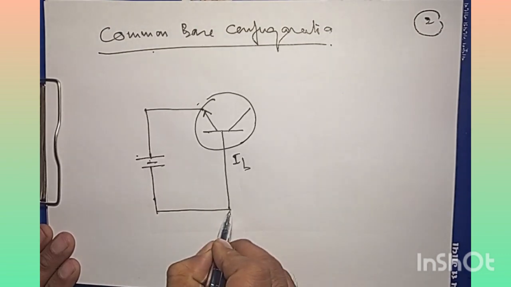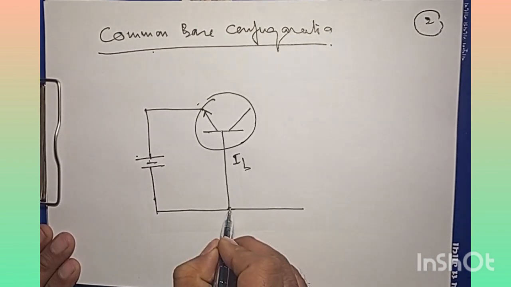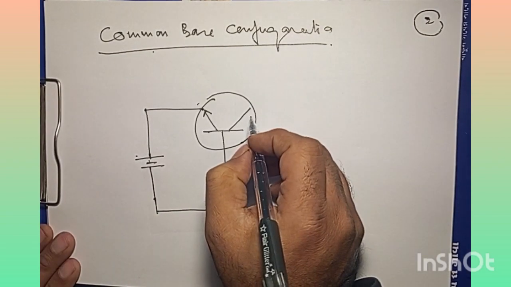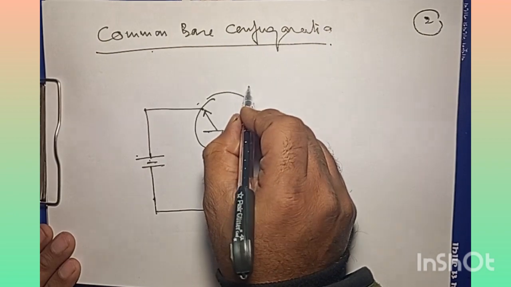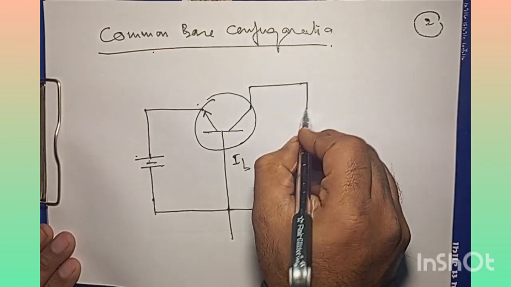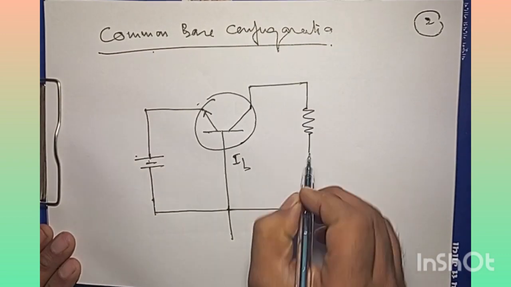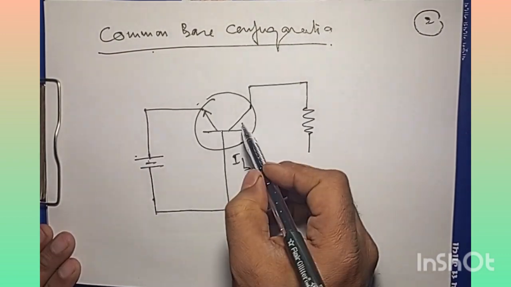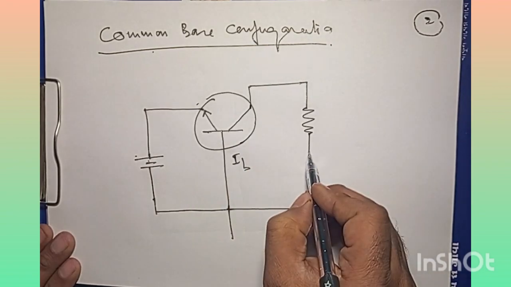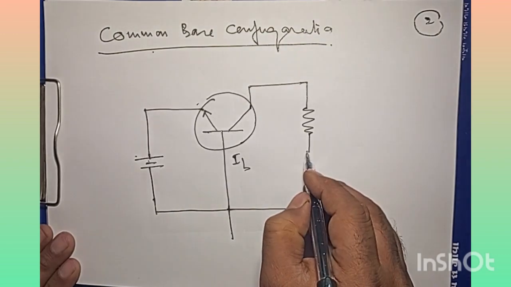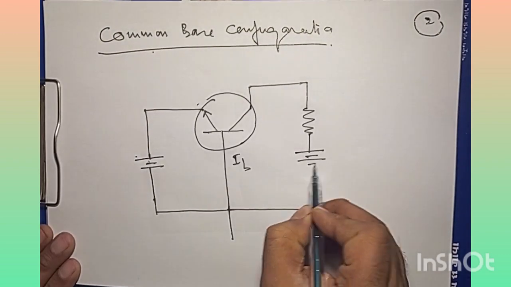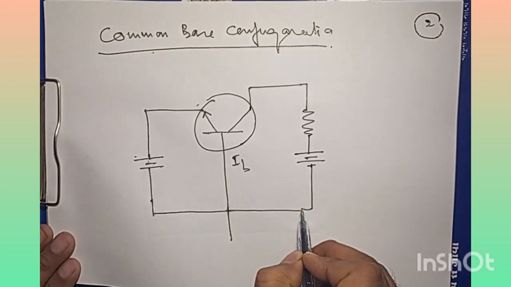I'll connect it like this, and then the output circuit should be reverse biased. That's an important condition. So here I would like to have a load resistance, and this is PNP, so you will have holes here. These holes have to be attracted. So for that purpose, we need positive from this side. And then finally I can join it like this.